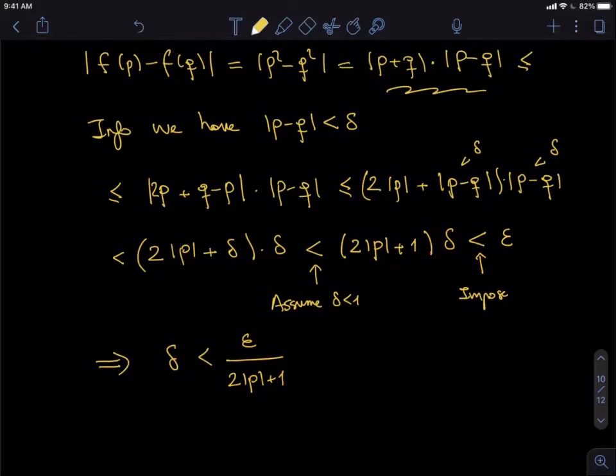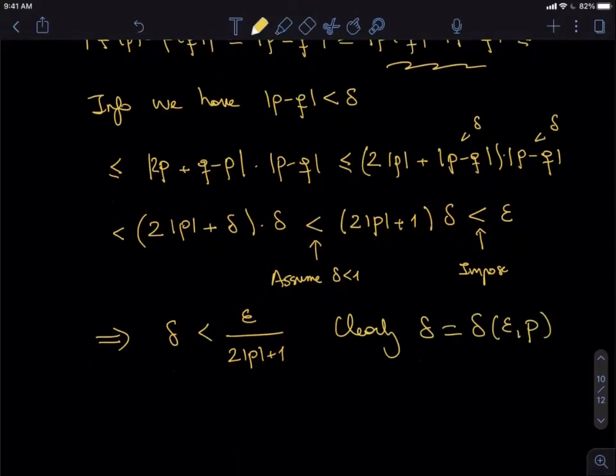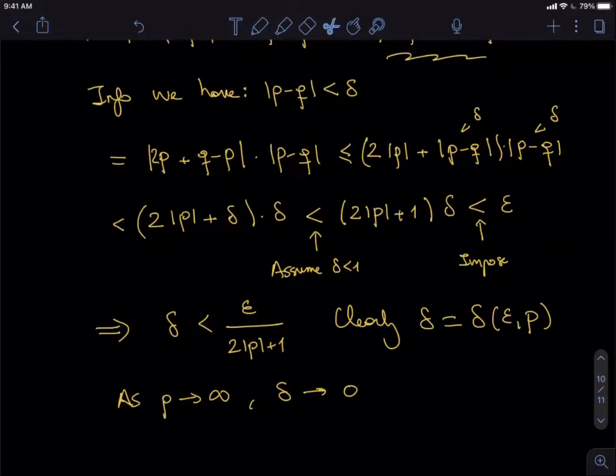Clearly, delta depends on epsilon and p, but here what we see is that as p tends to infinity, delta has to go to 0 because p is dividing. Okay, so this is what I proved before with the picture.